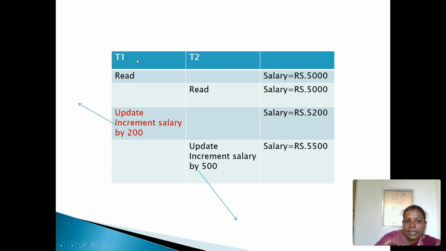Then in transaction T1, the salary is incremented by 200. At the same time, by transaction T2, the salary is incremented by 500. So we have a conflict now whether the salary is 5,200 or 5,500. That is the lost update problem.